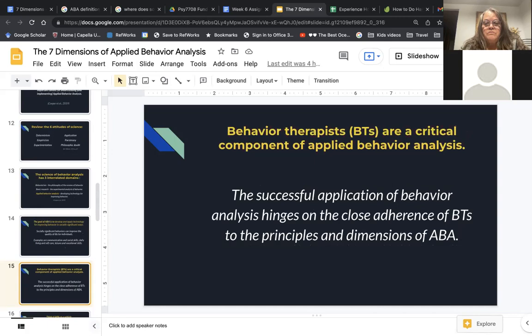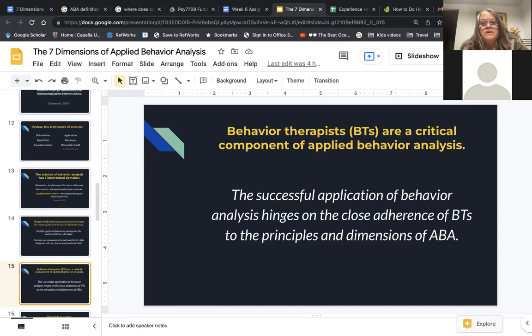Now, behavior therapists are critical in applied behavior analysis because the successful application of behavior analysis hinges on the close adherence of BTs to the principles and dimensions of ABA.